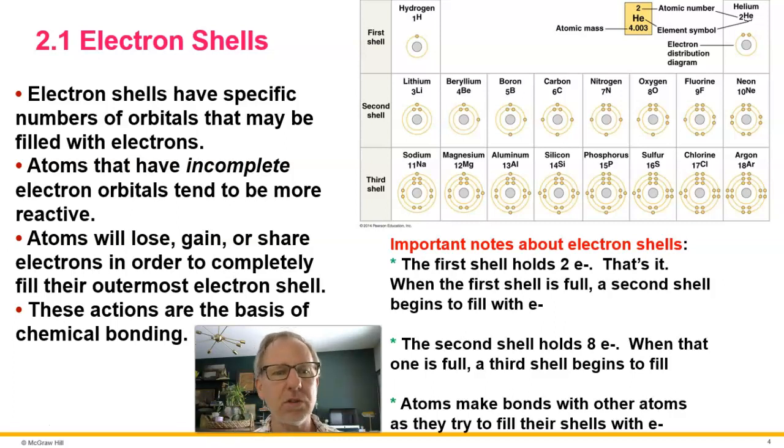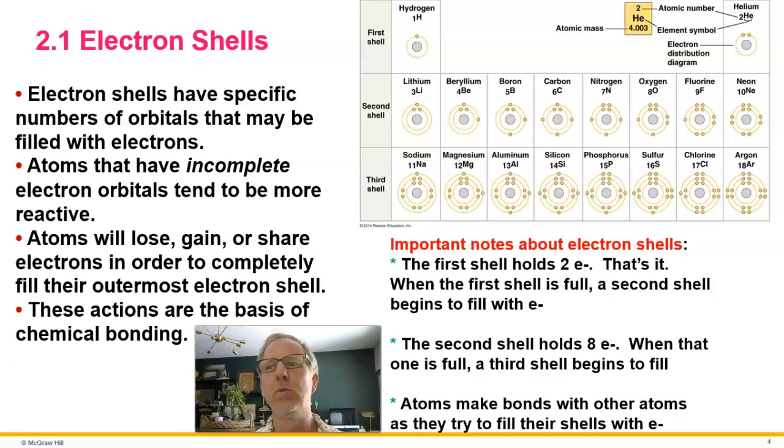Here are some important notes about electrons that you need to know, some facts, okay? The very first shell, the very first sphere around the nucleus of an atom, holds exactly 2 electrons. When that shell is full of 2 electrons, then a second shell would have to start filling up outside of that one.